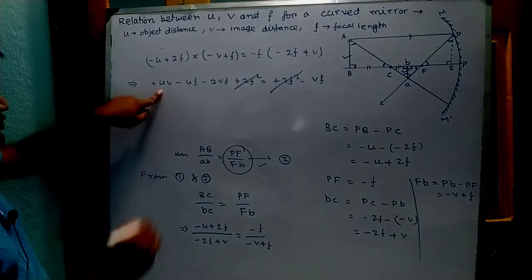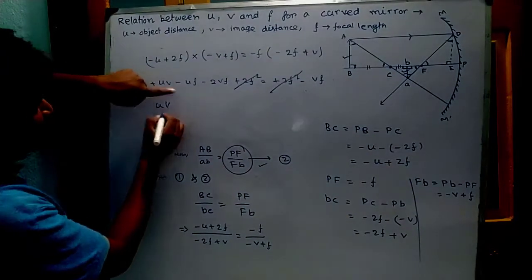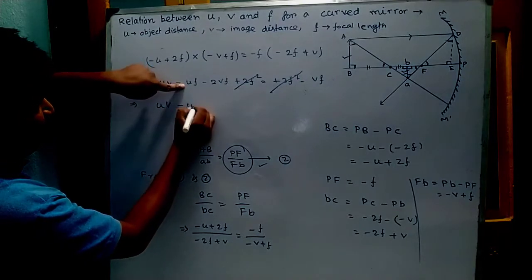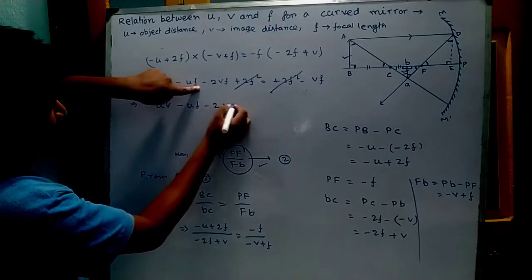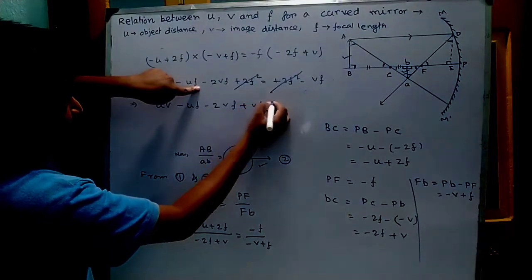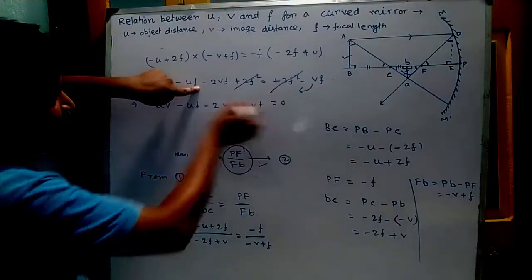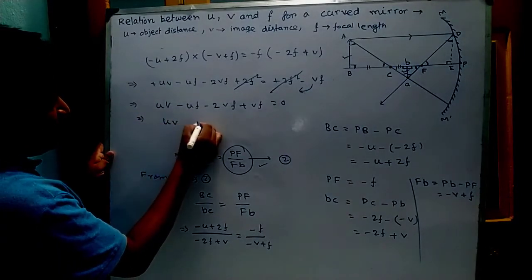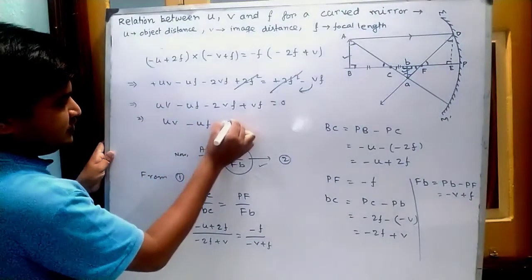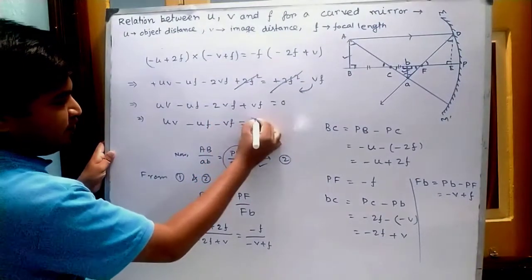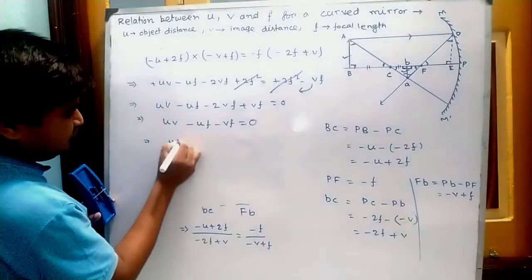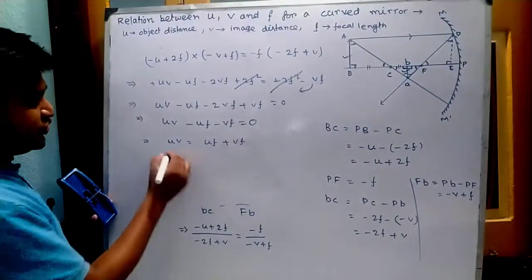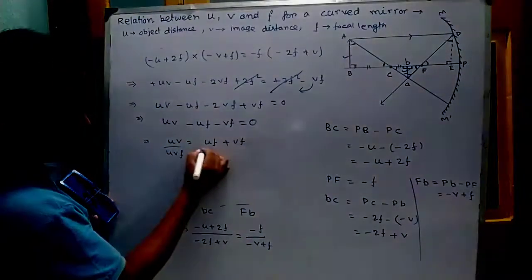So UV minus UF minus 2VF plus VF equals 0, moving it from right to left, or UV minus UF minus VF equals 0, or UV equals UF plus VF, dividing both sides by UVF.